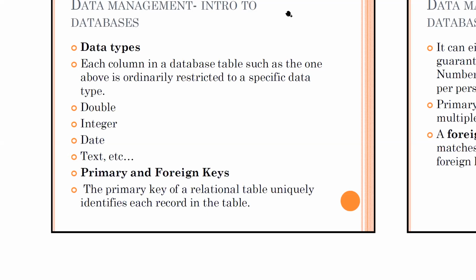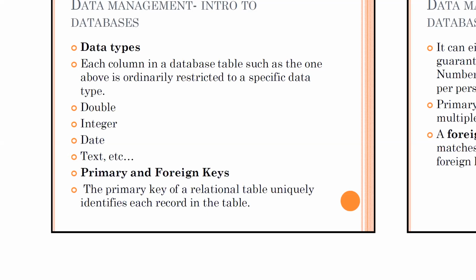So the primary key becomes a foreign key in another table. That's the point I'm making. The primary key becomes a foreign key in another table. But in that other table, it also has its own primary key.